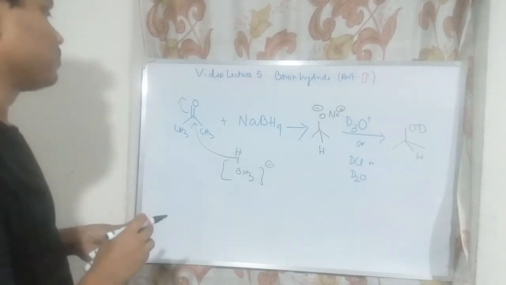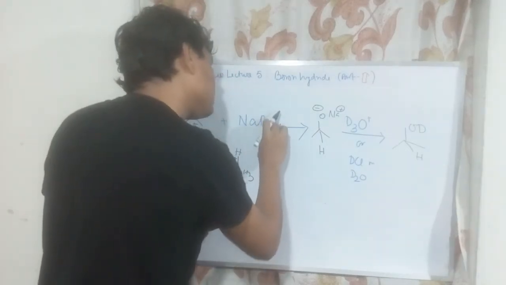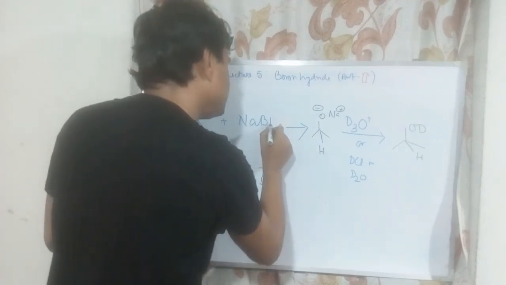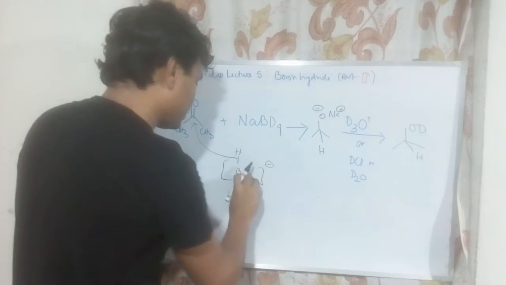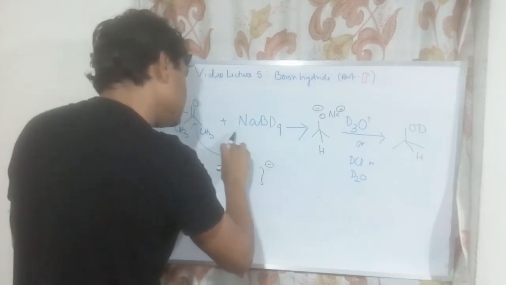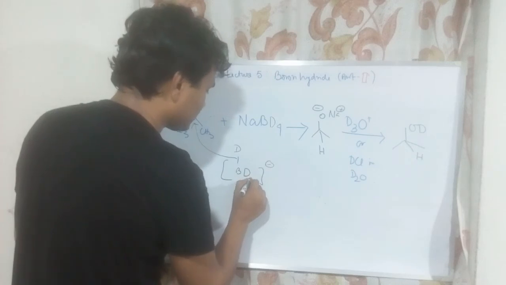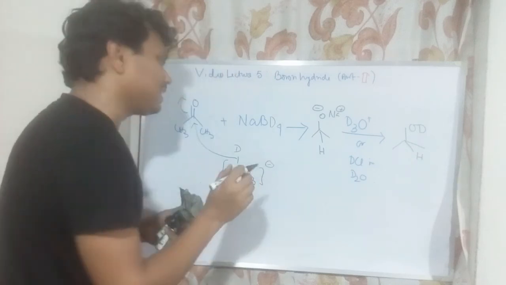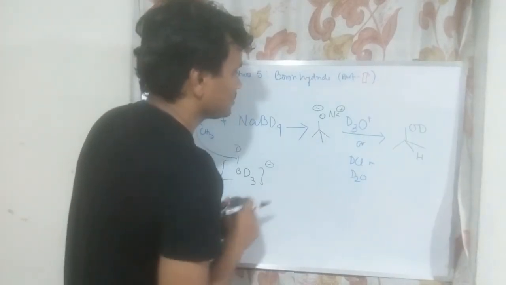Let's complicate the problem a little bit. Instead of BH4, let's take BD4. It's a deuterated borohydride. Here also let's take D. Then I guess you can answer very easily.